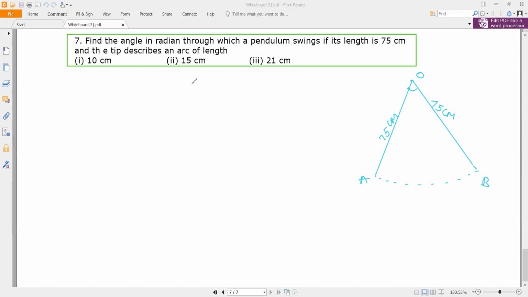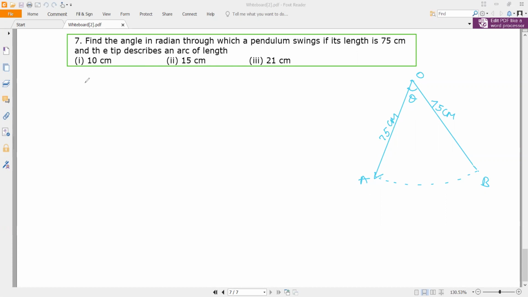The tip describes an arc of length. Find the angle in radians through which the pendulum swings. This is the angle, theta. So for 3 different swings, 3 different arc lengths, you'll get 3 different values of theta.